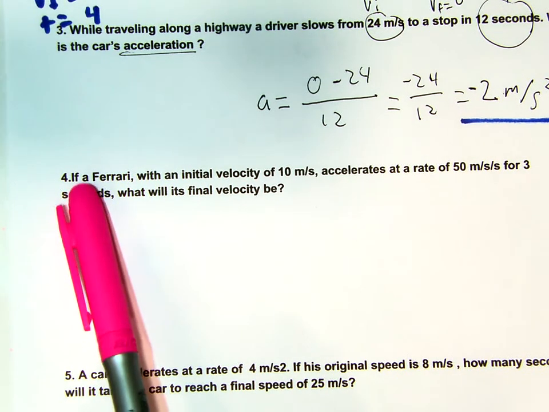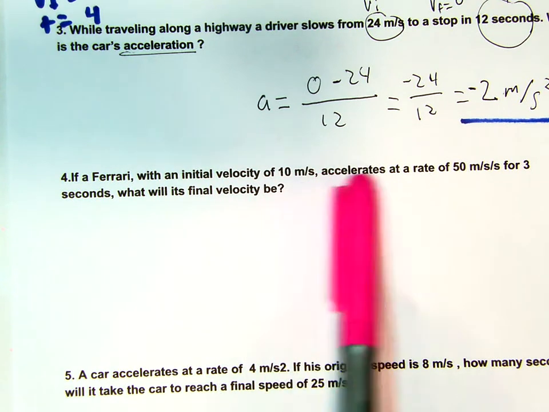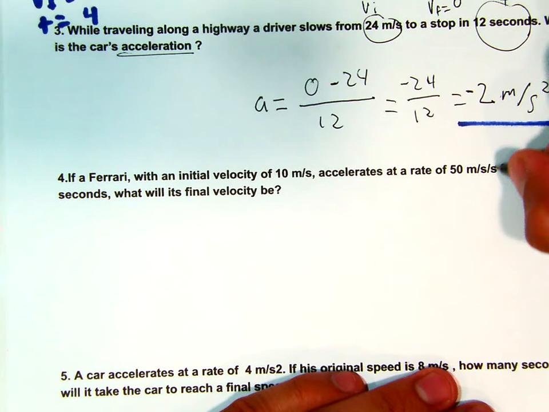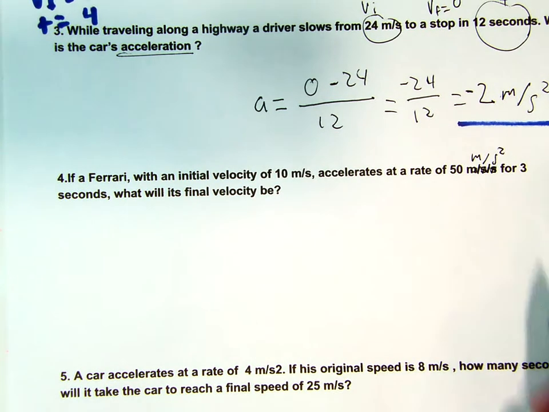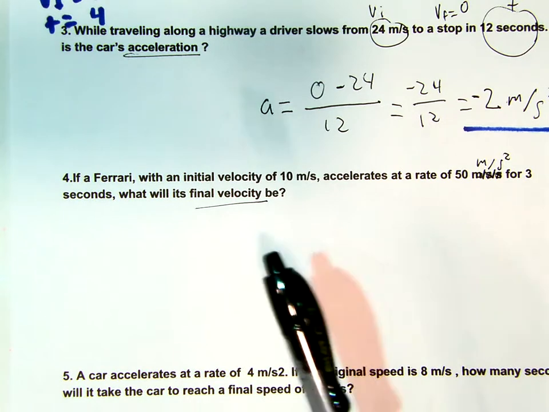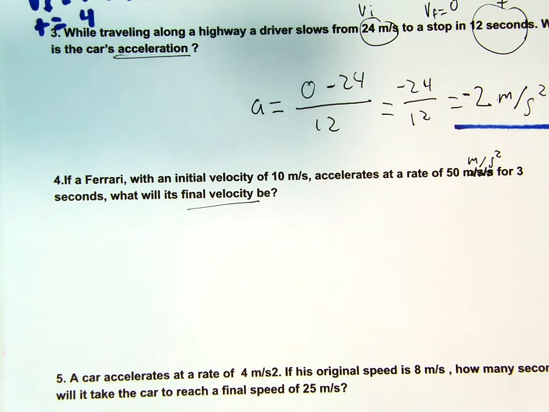It says, if a Ferrari with an initial velocity of 10 meters per second accelerates at 50 meters per second, that's just the same thing as meters per second squared. I don't want you to get confused there. For 3 seconds, what is the final velocity? This is a different problem, and you will see some of these. These are the more challenging problems.